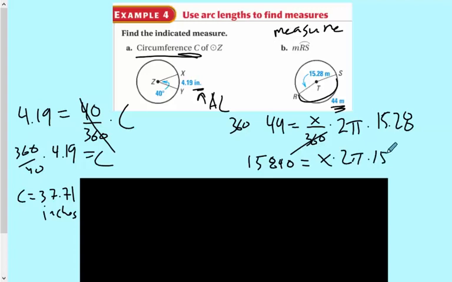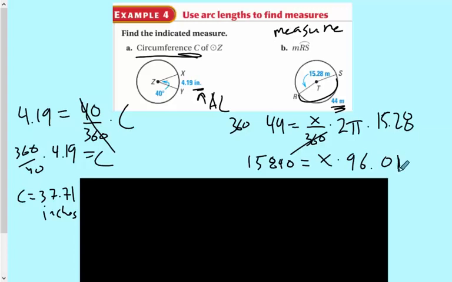I should actually just multiply those together and get one number there. Okay, so I'm going to do 15.28 times 2 times pi, and that is 96.007. So I'm going to go 96.001, I guess. 0, 1, yeah.